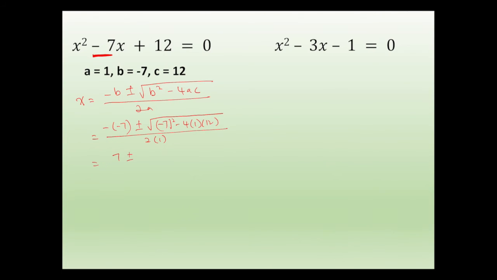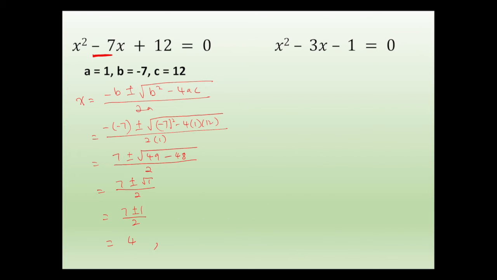Therefore, that is 7 plus or minus the square root of minus 7 squared, which is 49, minus 4 times 12, which is 48, over 2. Therefore, it's 7 plus or minus the square root of 1, over 2, which is 7 plus or minus 1 over 2. So 7 plus 1 divided by 2, that's 8 divided by 2, which is 4.